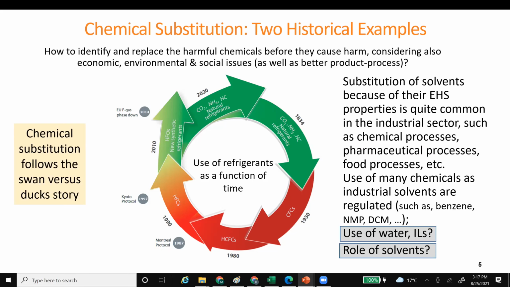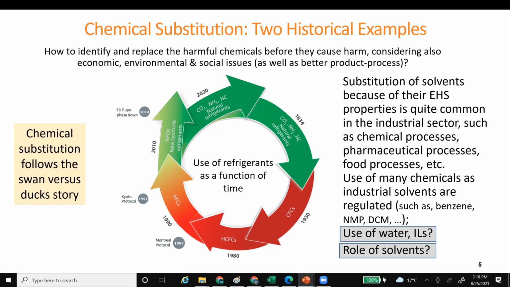The same could be said with respect to solvents. We have solved this solvent substitution problem many times for many companies. In many cases, it was not because of a harmful effect. It was actually to find a better solvent from an economic point of view. But in some cases, before a solvent was regulated, they wanted to find an alternative.